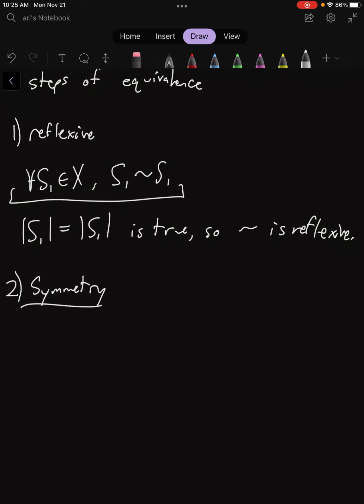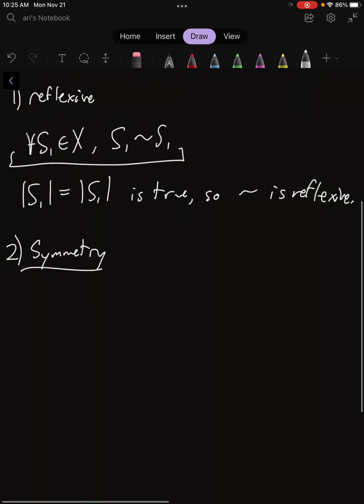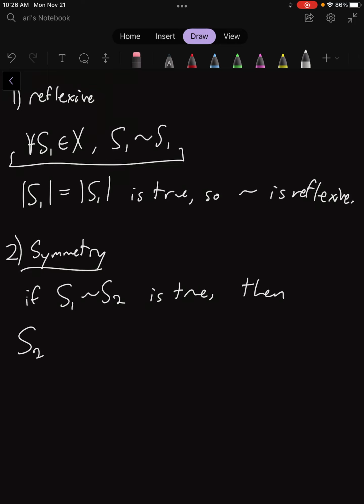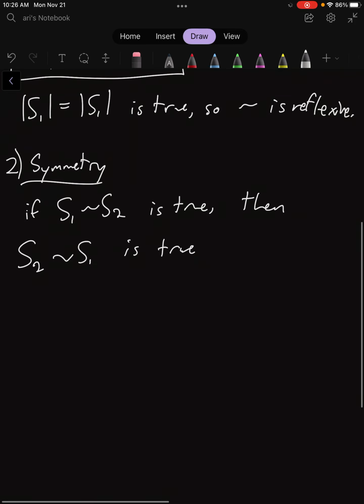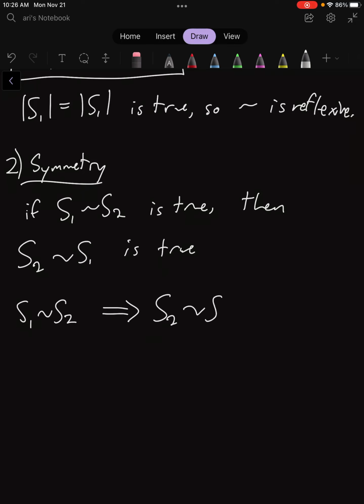Symmetry says that, so reflexive is just S1 tilde S1. And we have to show that the equivalence relation works kind of reflexively onto itself. Now, for symmetry, we want to show that if S1 tilde S2 is true, then S2 tilde S1 is true. Another way of saying that is S1 tilde S2 implies S2 tilde S1.